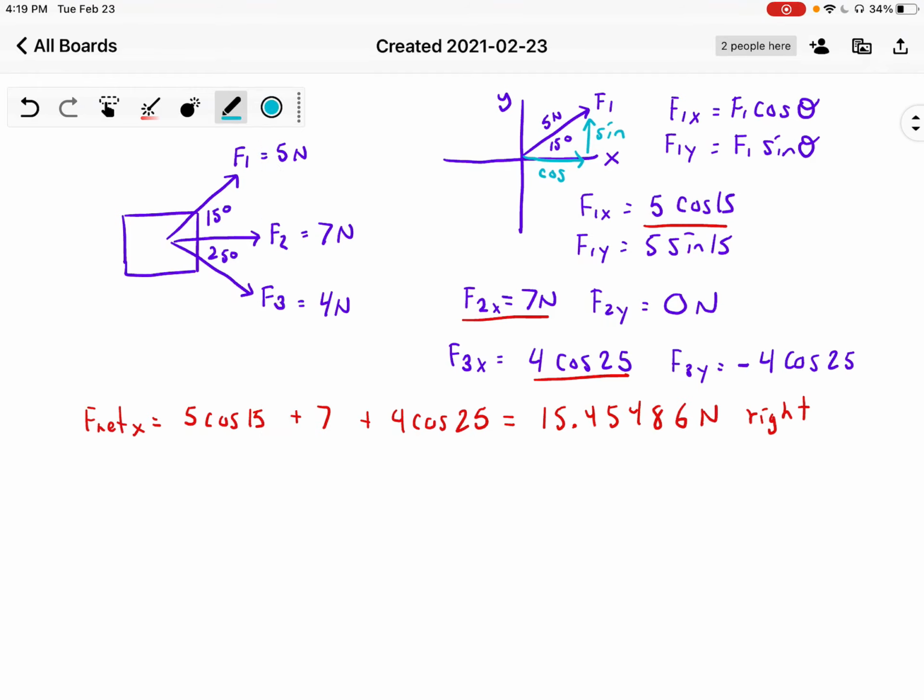Next, I want to do my y direction. So F net y. And that's going to be F1y plus F2y plus F3y.